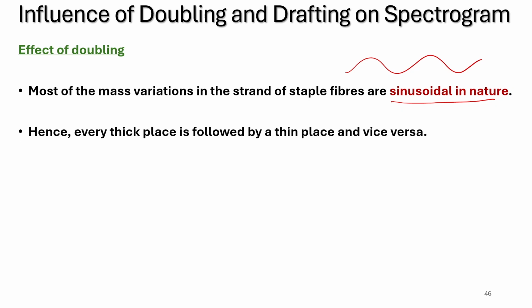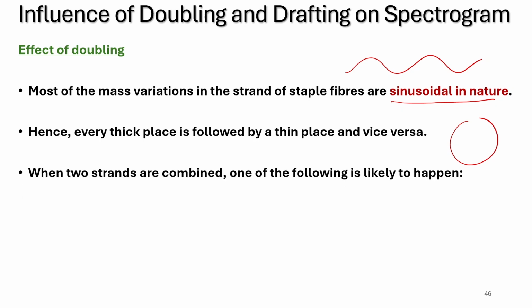Hence, every thick place is followed by a thin place and vice versa, which we have seen when we discussed the drafting wave, and also during the discussion of roller eccentricity. There will be some portion with high draft followed by low draft. That will create the sinusoidal nature of the variation.